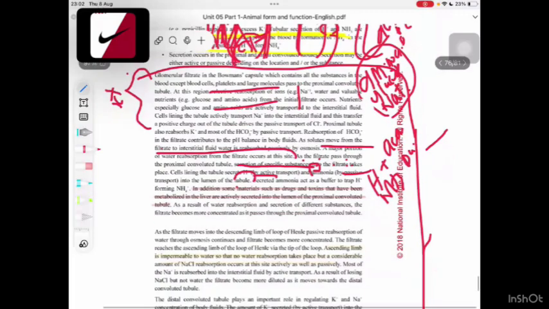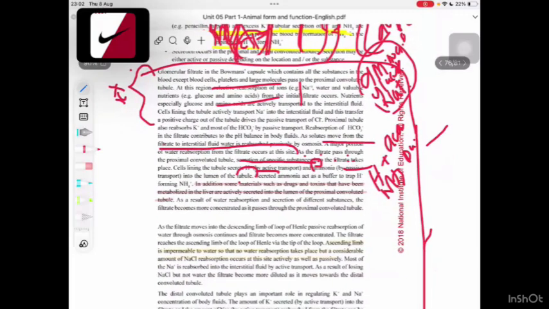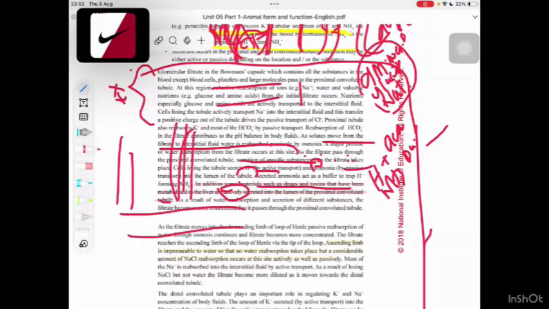In addition, some materials such as drugs and toxins metabolized in the liver are also actively secreted. So you can see most of the secretion takes place actively into the proximal convoluted tubule. As a result, a lot of water is reabsorbed and a lot of substances are also secreted into the PCT, so the filtrate in the PCT becomes concentrated, not dilute.